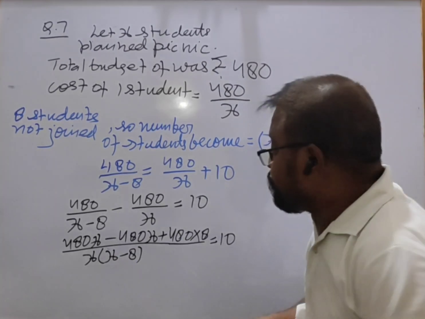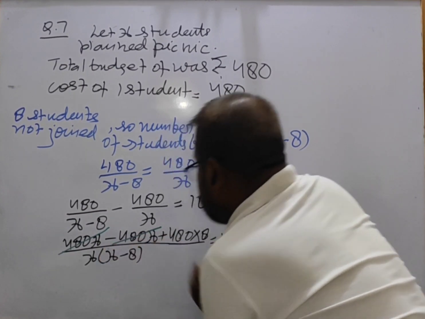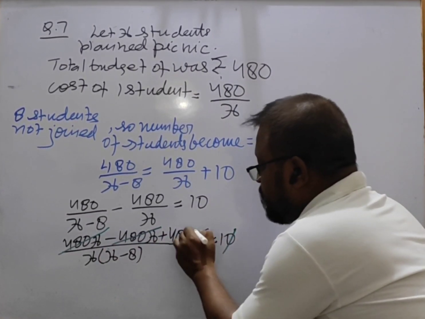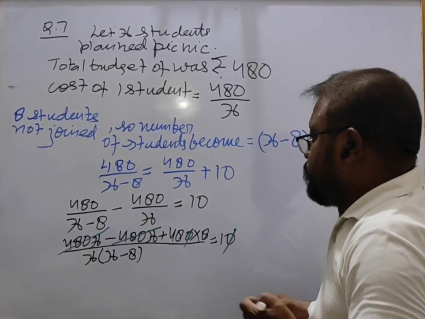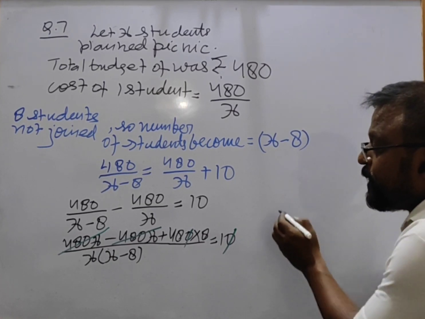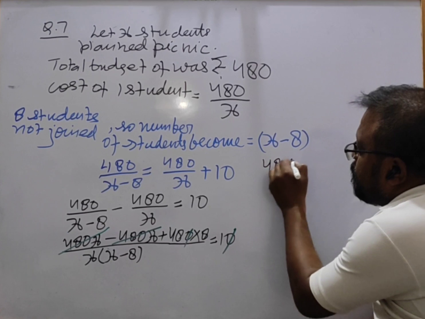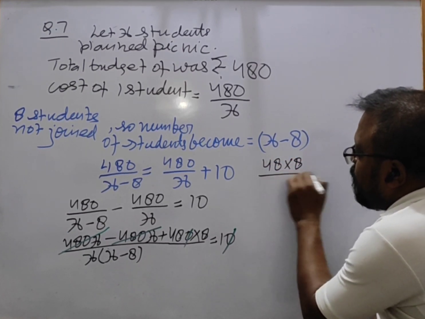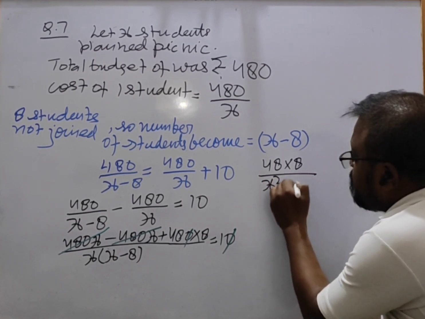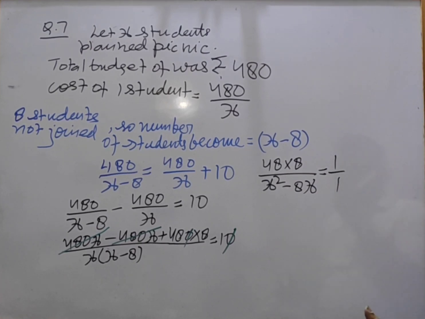So 480x and 480x cancel out, and the 10 and 10 are gone. So finally we get the equation 480 into 8 upon x square minus 8x is equal to 10.